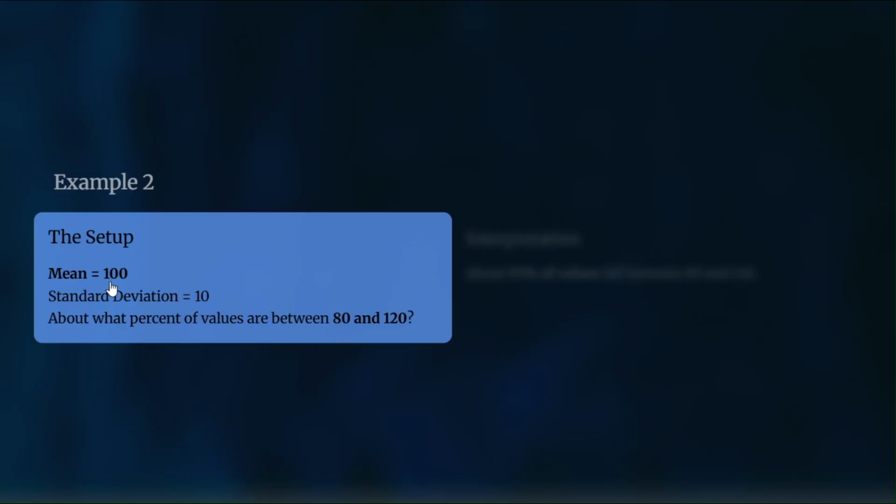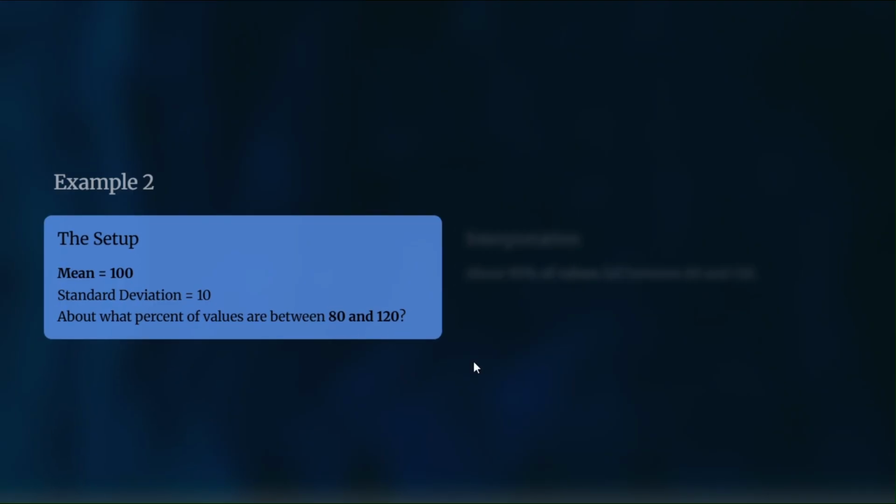And if we do 100 plus 2 times 10, that will be 120. So these values are 2 standard deviations below and above the mean respectively. Therefore, about 95% of values will fall between 80 and 120. So only about 5% of values are outside this range, already quite uncommon.